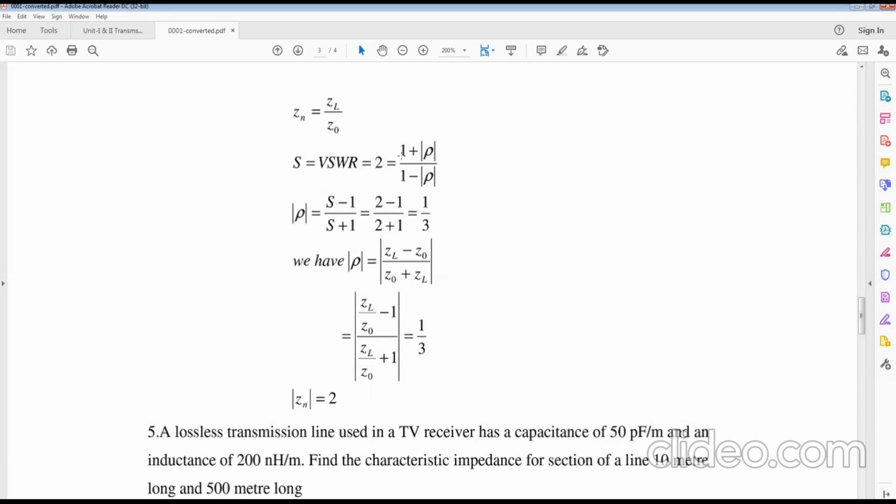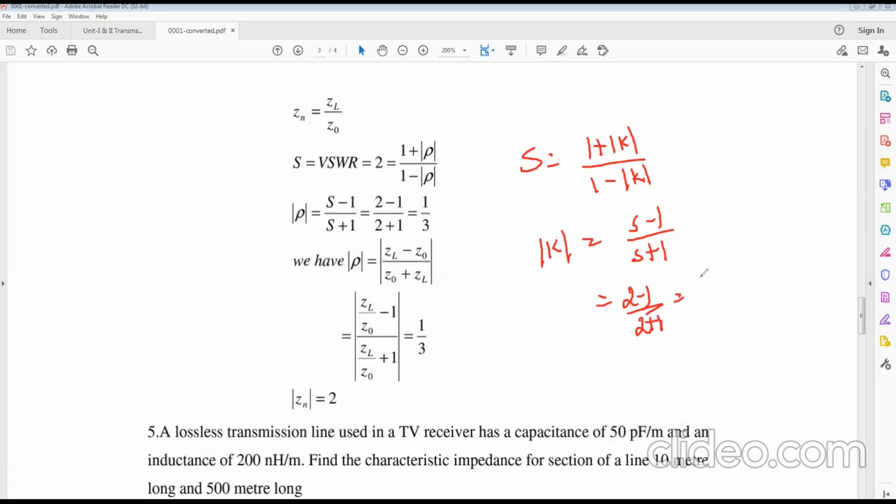The standing wave ratio S is equal to, in terms of the reflection coefficient, S is equal to 1 plus the magnitude of K by 1 minus the magnitude of K, or it is also represented by gamma. Similarly, the magnitude of K is equal to S minus 1 by S plus 1. The standing wave ratio is given, 2 minus 1 by 2 plus 1. The reflection coefficient magnitude is 1 by 3.